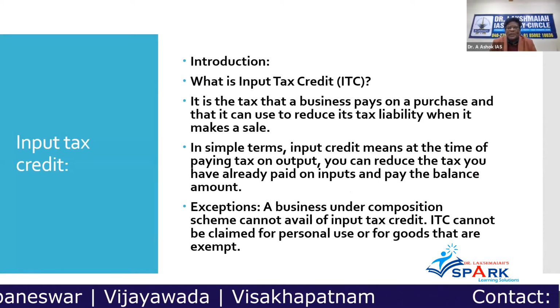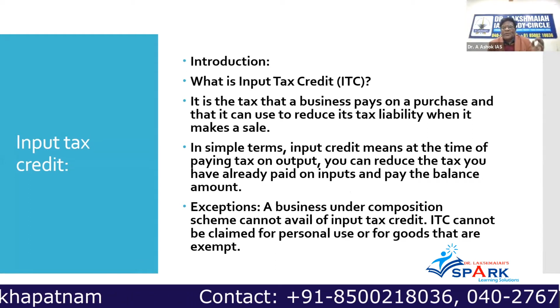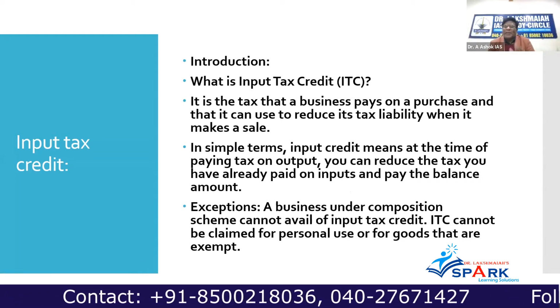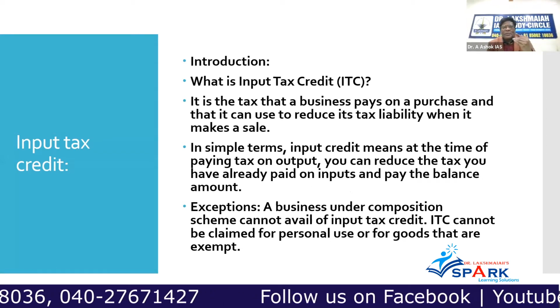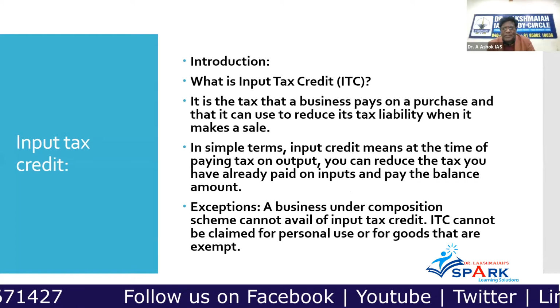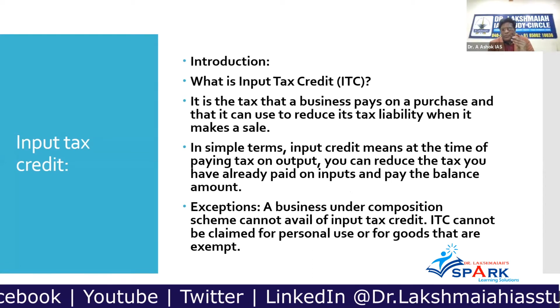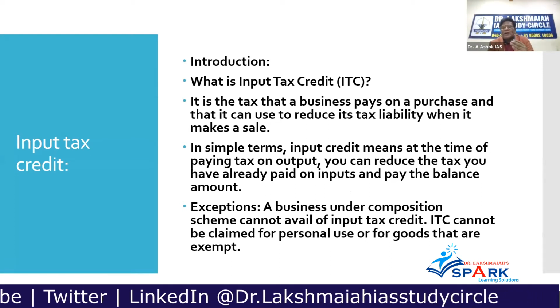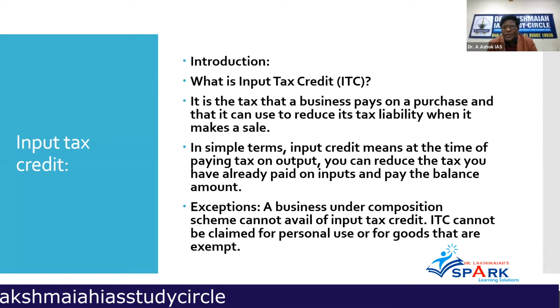It is the tax that a business pays on a purchase and that it can use to reduce its tax liability when it makes a sale. So they have to pay output tax. This is the tax that a business house places on a purchase that it can use to reduce that liability.